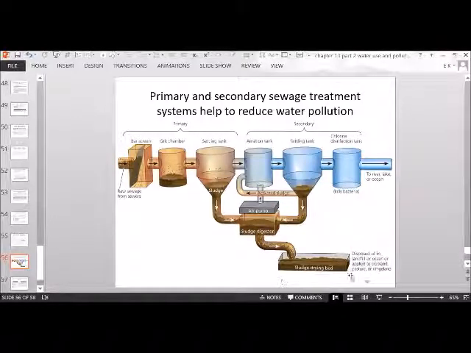Also, you end up with this sludge at the end of the process, all the way at the bottom here, this sludge drying bed. That has to be disposed of somehow. It can be put in a landfill, or in some cases, it can be applied to cropland, pasture, or rangeland. But in that case, it might be contaminated with certain toxins that have not been removed.